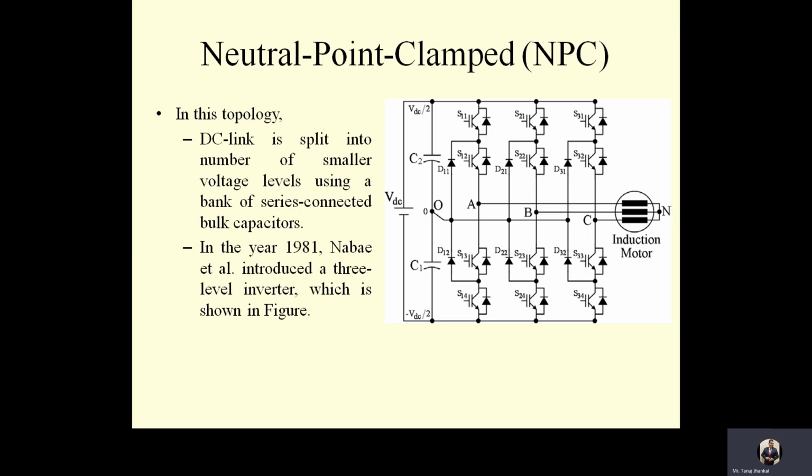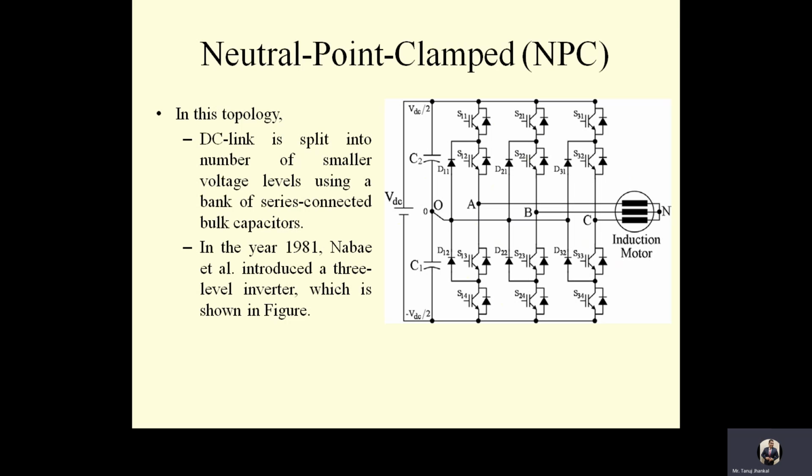In 1981, Nabae introduced a 3-level inverter, which is shown in the figure on the screen. In this multi-level inverter, the midpoint O of the two DC link capacitors C1 and C2 is defined as the neutral point.